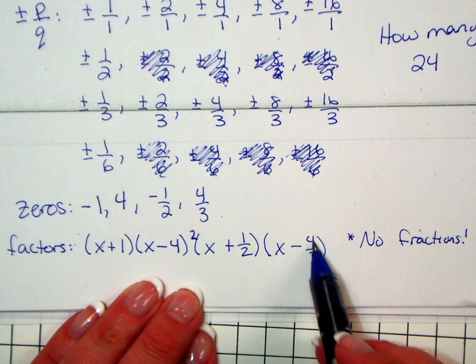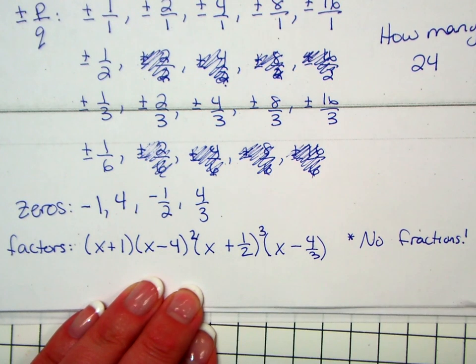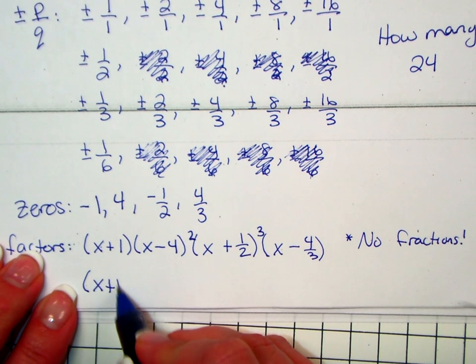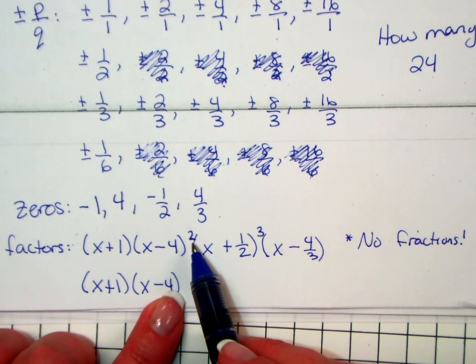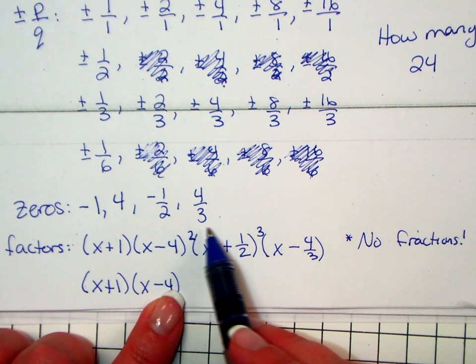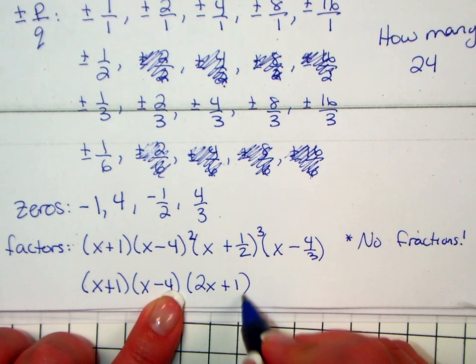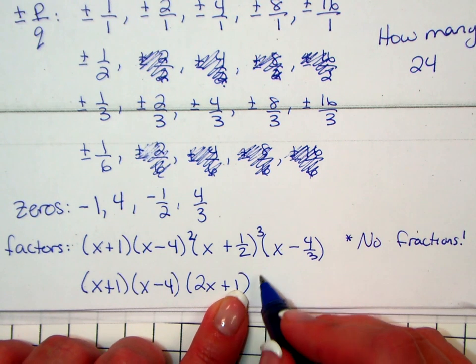To get rid of this fraction, I need to take this factor and multiply everything by 3. So I'm going to get x plus 1 times x minus 4. If I distribute the 2, I'm going to get 2x plus 1. If I distribute a 3, I'm going to get 3x minus 4.